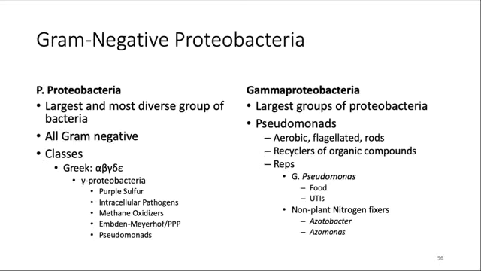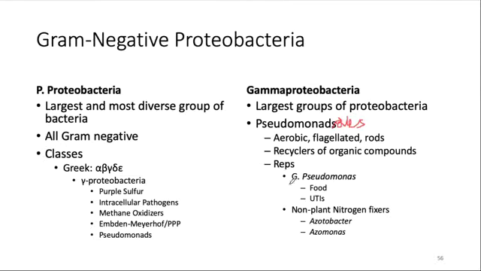Within this group of gamma proteobacteria, you also have the Pseudomonas. The other name is Pseudomonadales. So at this end, you have minus the S, you have ALES.